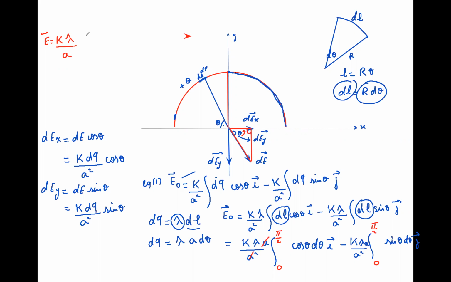We have a, integral of cosine theta d theta from 0 to pi over 2, i, minus k lambda divided by a, integral from 0 to pi over 2 of sine theta d theta, j.